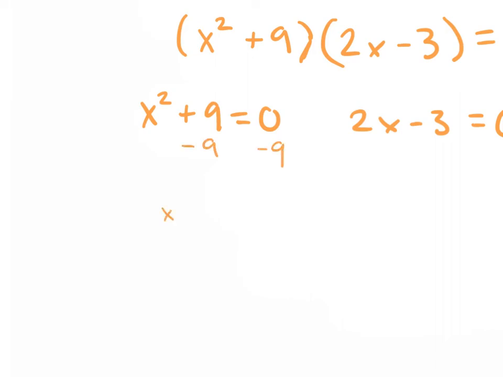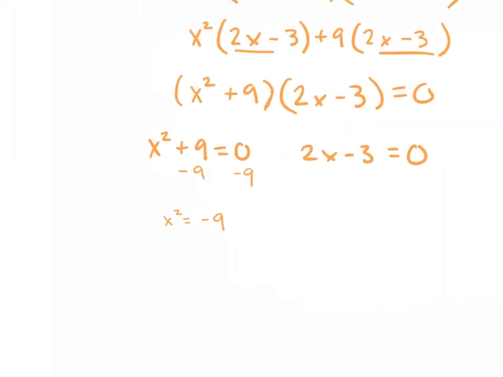Subtract 9. So x squared is equal to negative 9. What's next? Square root. What's the one thing you have to remember when you take the square root of both sides? Plus or minus. And what's the square root of negative 9? 3i. Perfect. We take the negative out, it becomes an i, and the square root of 9 is 3.